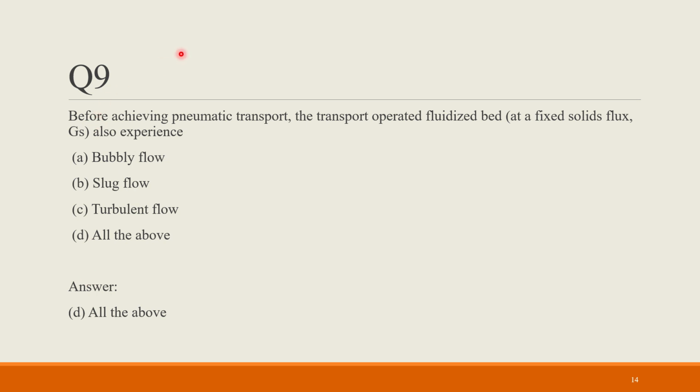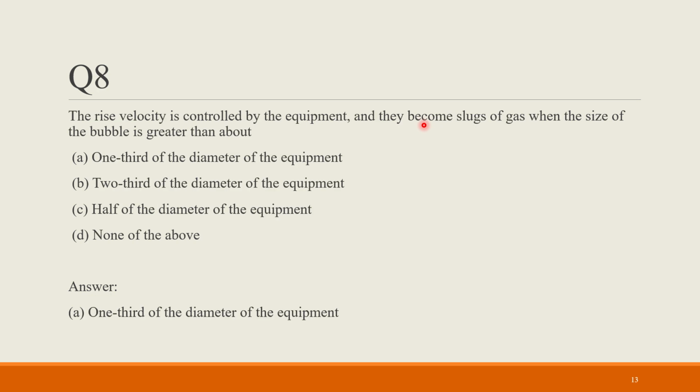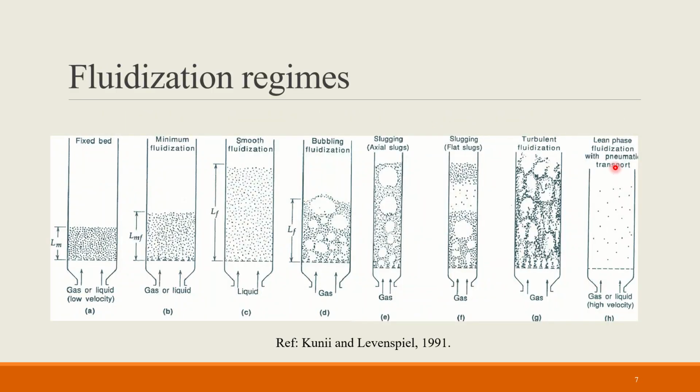We'll move on to question 9. Before achieving pneumatic transport, the transport operated fluidized bed also experiences: bubbly flow, slug flow, turbulent flow, or all the above. The question is regarding what operating conditions the fluidized bed would experience before achieving pneumatic transport.